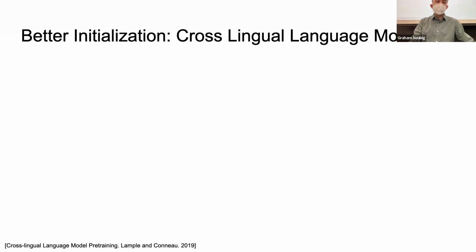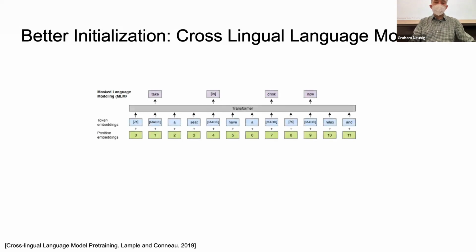So better initialization. Recently, people have been using things like cross-lingual language models or multilingual language models to improve the initialization of unsupervised translation models. So things like masked language modeling across languages.